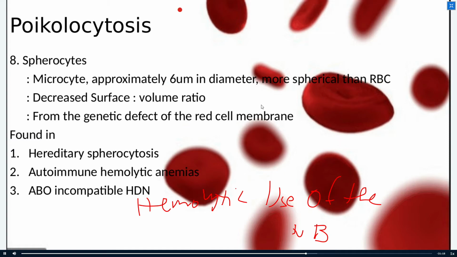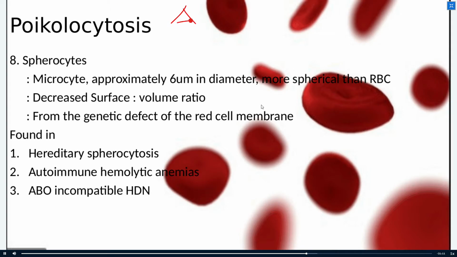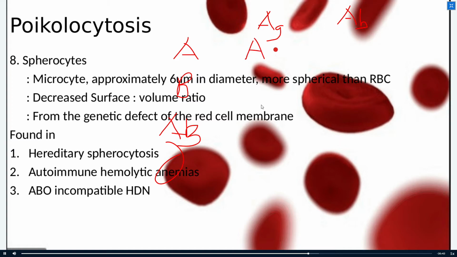Okay, here it is, class. We have 4 types of blood type. There are 4 types: your A, B, AB, and O. Now, what I'm referring to here as AG is antigen, the one expressed, which is why they became A or B. Now, blood type A would have your A antigen.